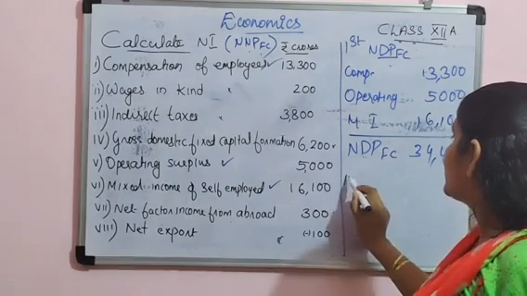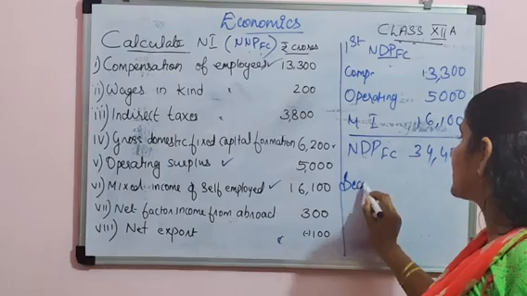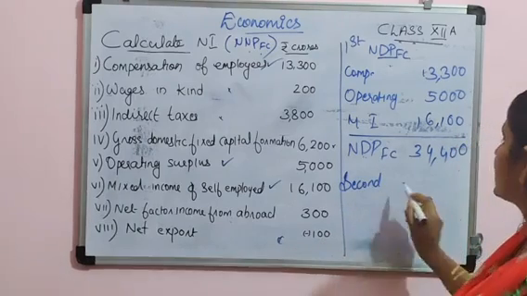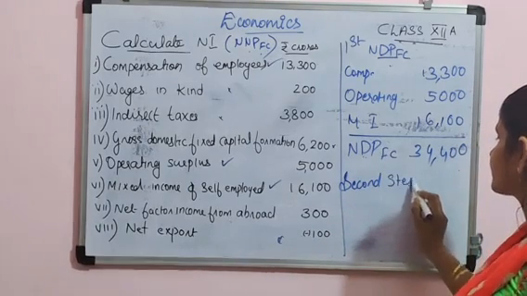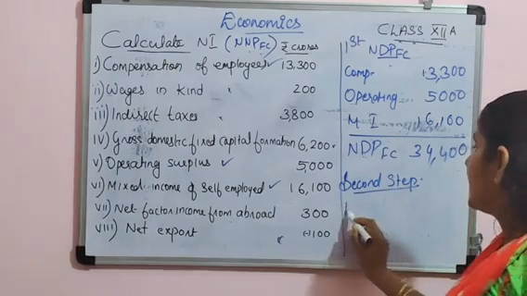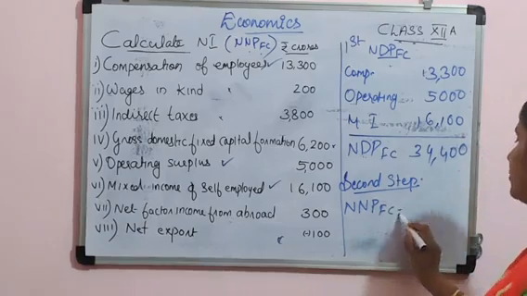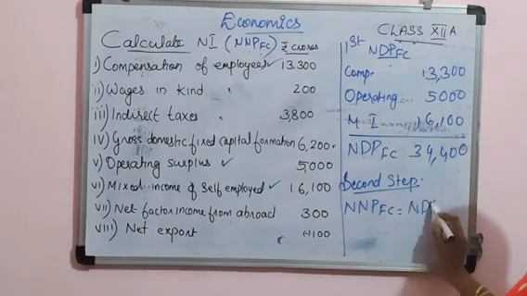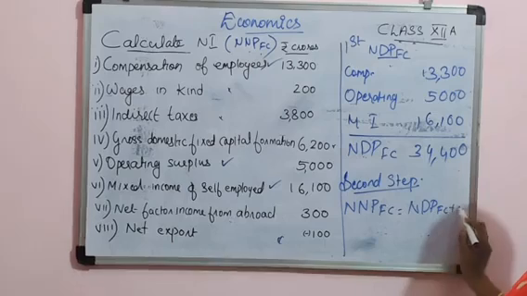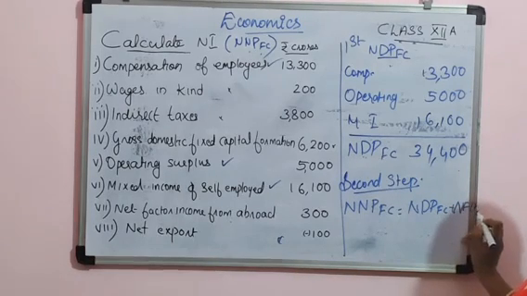So now the second step. NNPFC is equal to NDPFC plus NFIA.